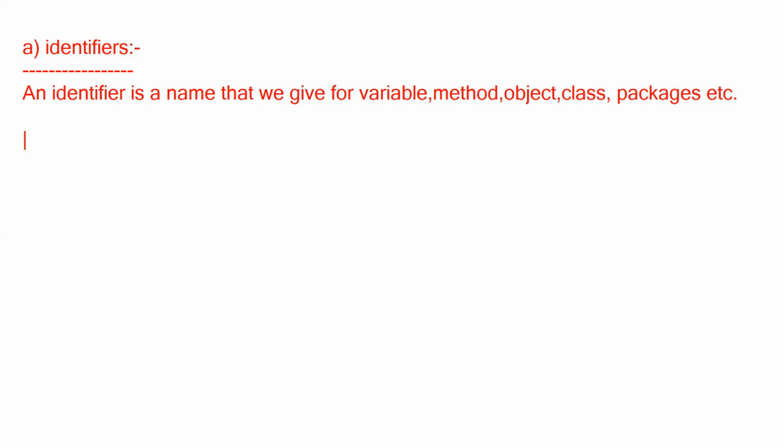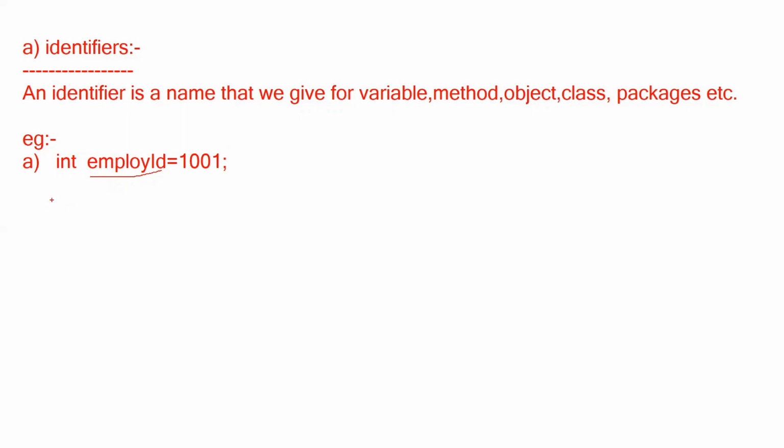All right. Let us look at some examples. For example, how you declare variables or how you give names to the variables. For example, here int employeeID = 1001. Here we are using a name, employeeID. That is a name which we are giving for the variable.